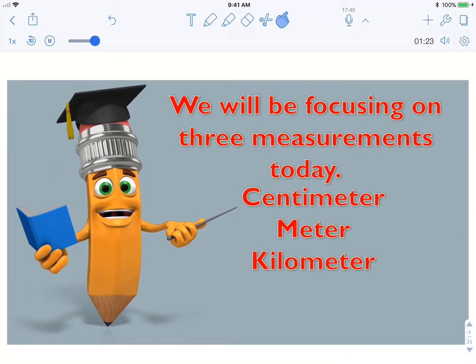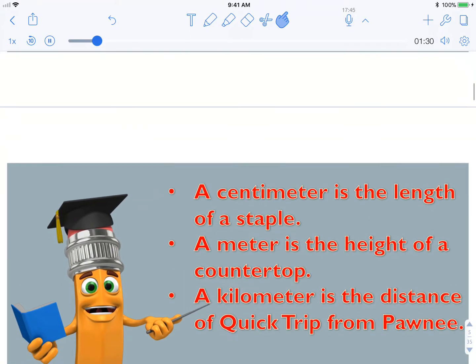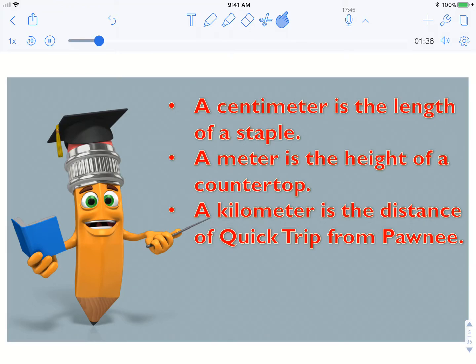We will be focusing on 3 measurements today: the centimeter, the meter, and the kilometer. A centimeter is about the length of a staple. A meter is the height of a countertop. When you look at a meter stick, sometimes you might get confused and think that you're looking at a yardstick.